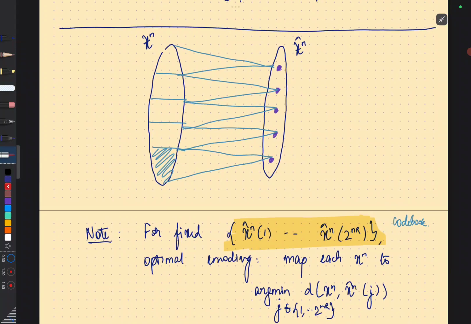But instead of doing that, we'll see what will happen if we pick a completely random scheme. Random in the sense that the distribution is carefully chosen, so there's some structure to it. But otherwise, the code book, for example, is going to be generated completely randomly.